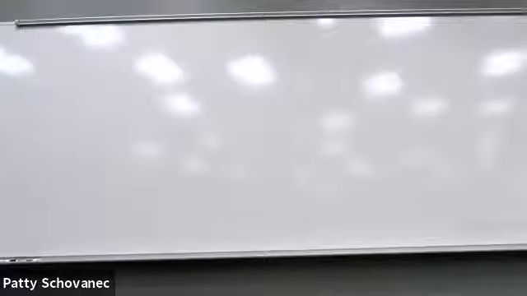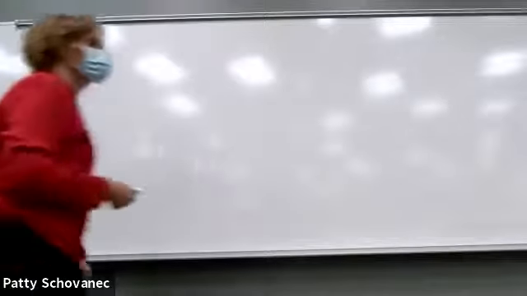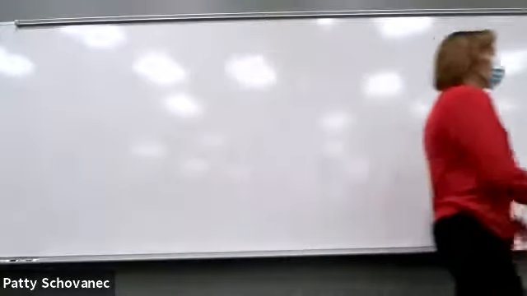Now, one more bit in section 4.3 before I jump to 4.4. The last thing in section 4.3 is we're going to have yet another way to determine whether a critical number gives you a relative max or min.